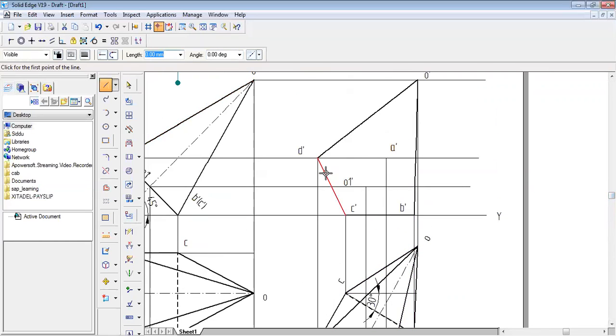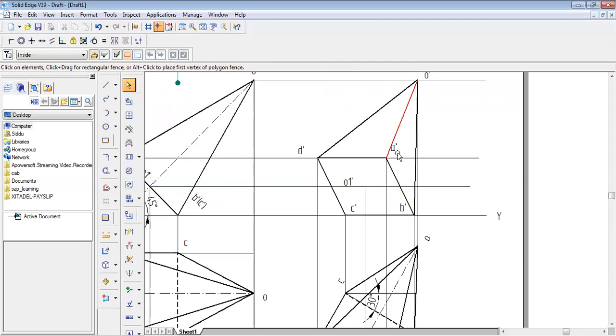Here is my AD, correct? So what you just do is you say trim it and connect them with a thick line. AD and AB connected. So even OA is also seen by me as per the figure. Then it is also connected.